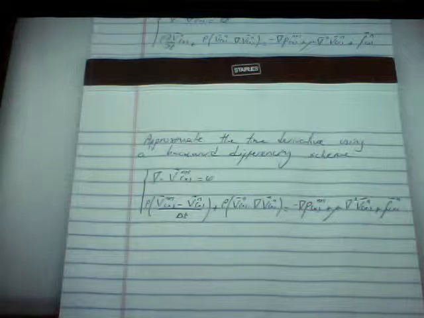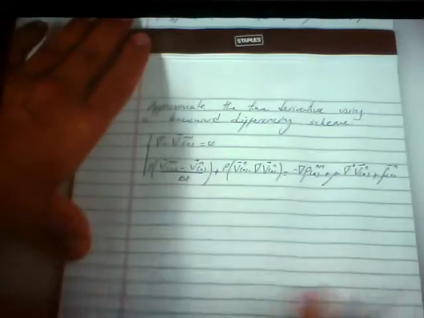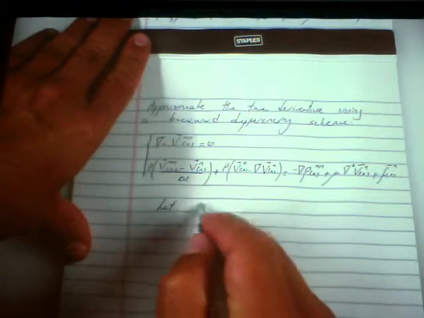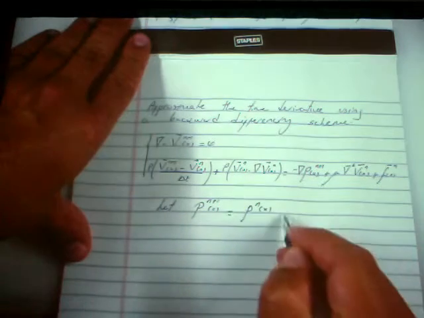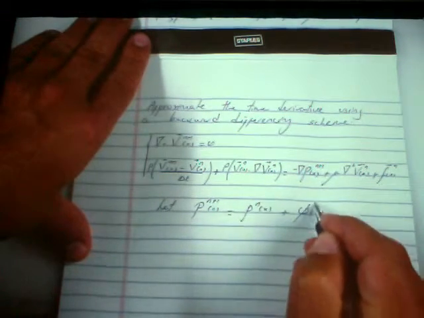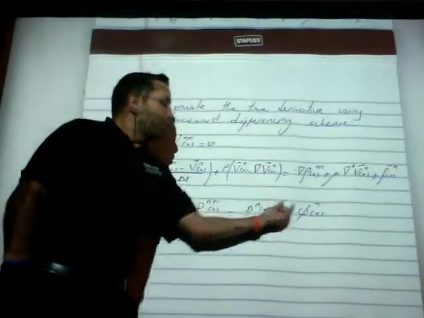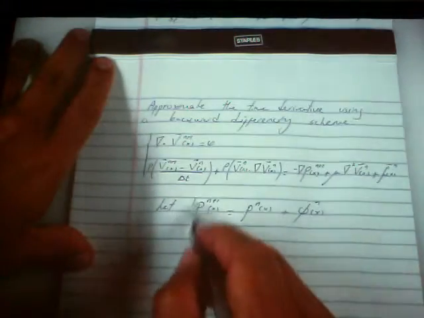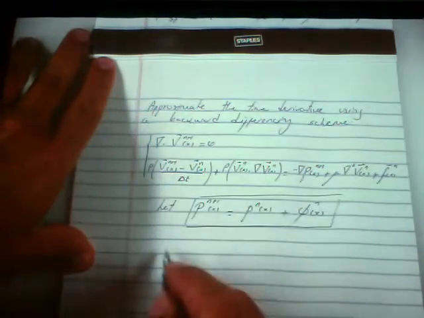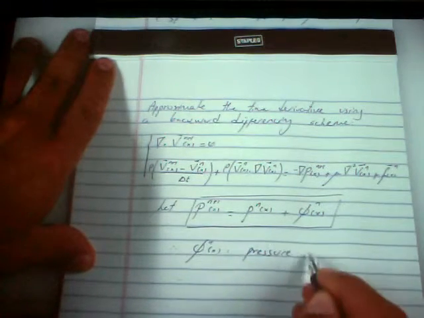All right, so now we're going to rearrange things. And before we do, we're going to let P equal the pressure at the previous time step plus some phi at n. You can call it whatever you want. We're just making up a new variable. That's just what we call the pressure correction, such that phi of n is the pressure correction.